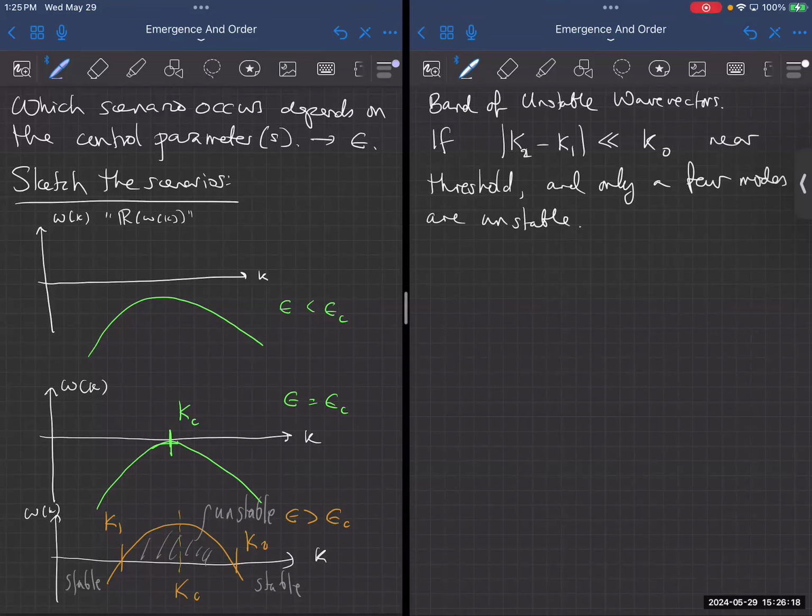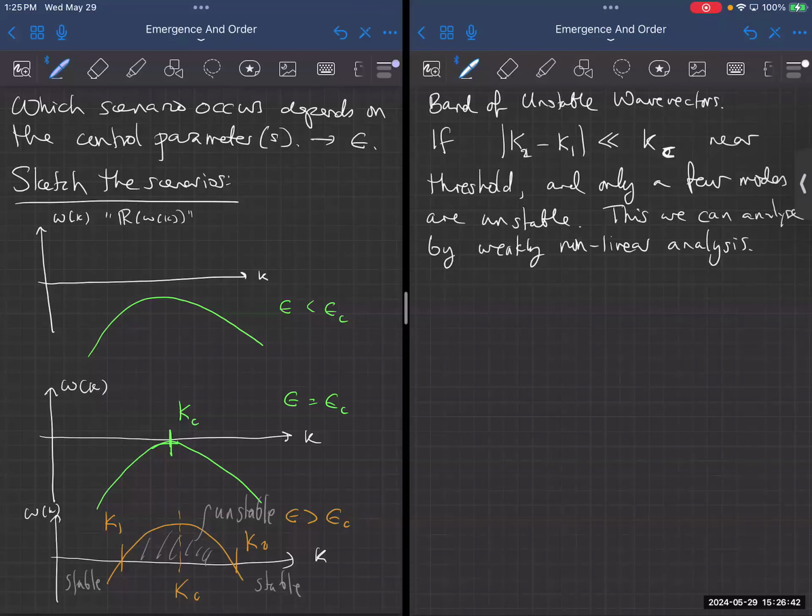And this we can analyze by weakly nonlinear analysis. And I'll try to talk about that. Okay, so that's what happens.